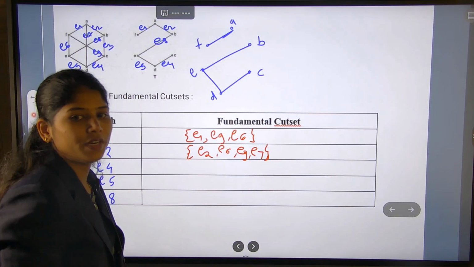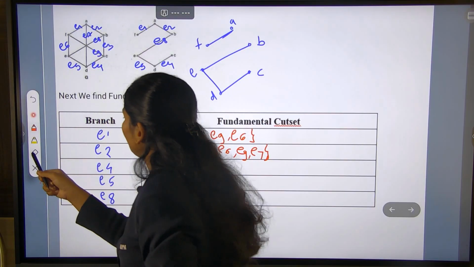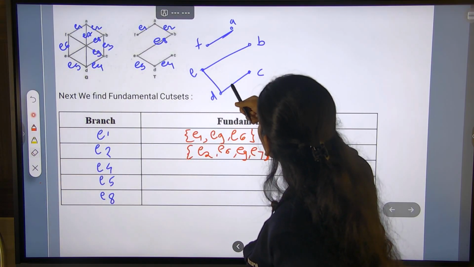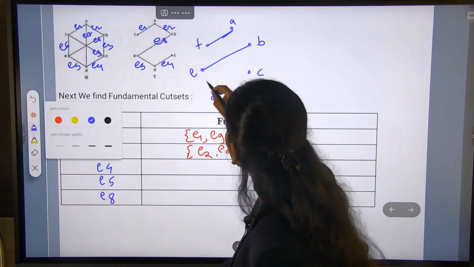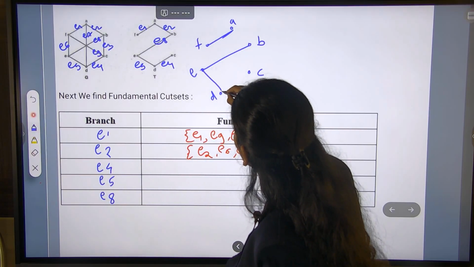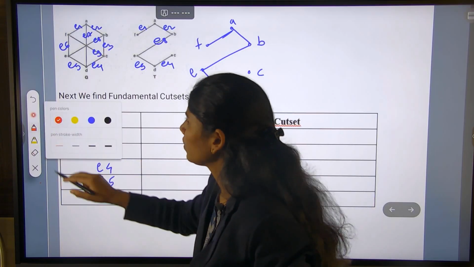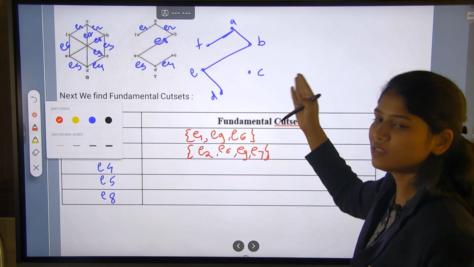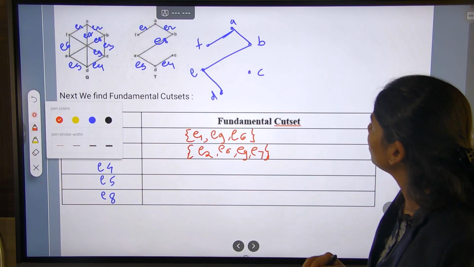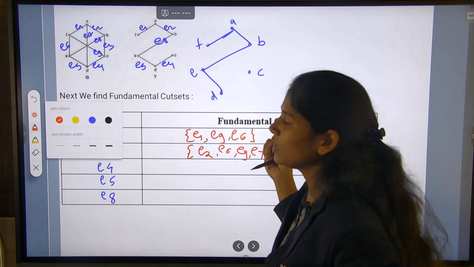So complete the bracket. Next go for the branch E4. Okay, so remove E4 from the spanning tree. We get here two disconnected components. This one is separated and C is separated from that graph. Therefore we need to check which chords, if we join them, we will get the connected one.